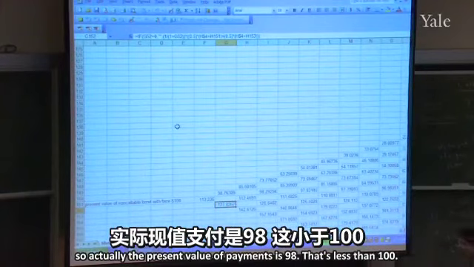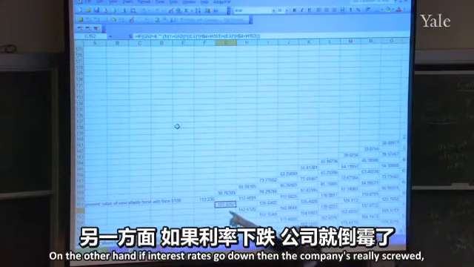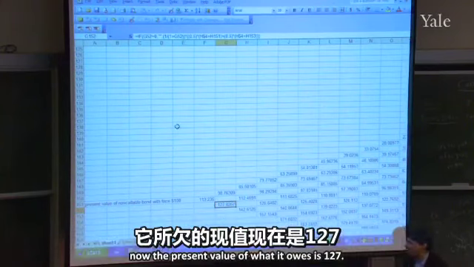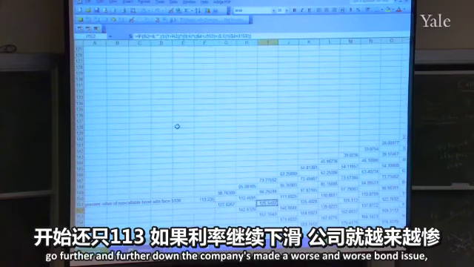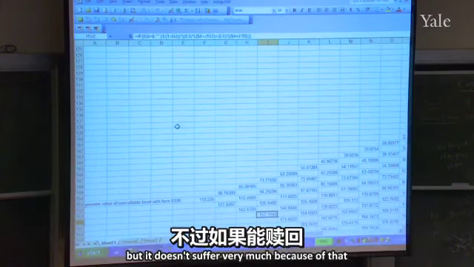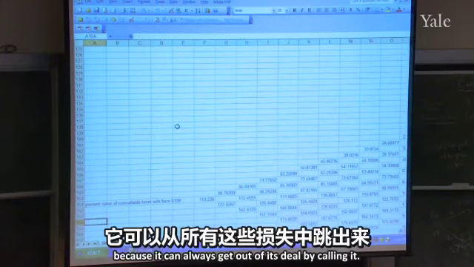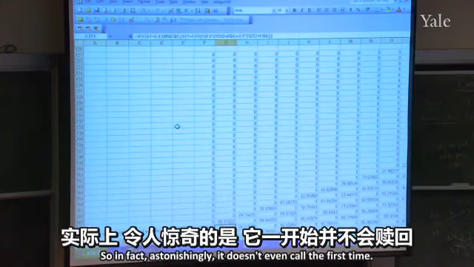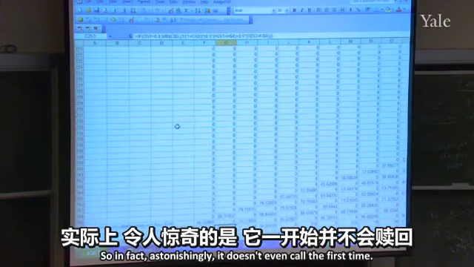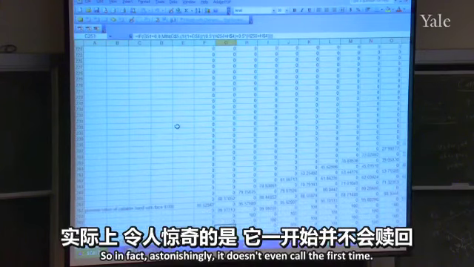That's less than 100. On the other hand, if interest rates go down, then the company's really screwed. Now the present value of what it owes is 127, and at the beginning it's 113. So as interest rates go further and further down, the company's made a worse and worse bond issue. But it doesn't suffer very much because of that, because it can always get out of its deal by calling it. So in fact, astonishingly, it doesn't even call the first time.